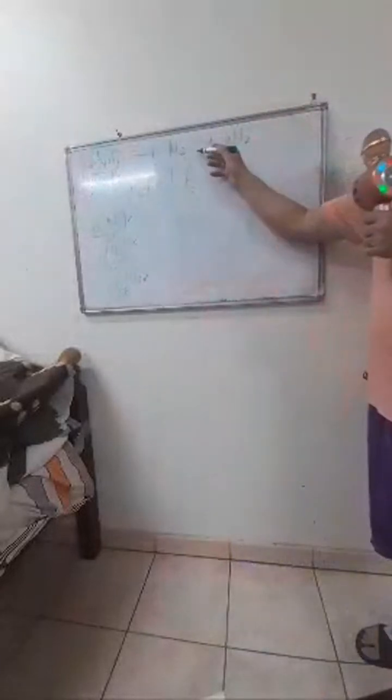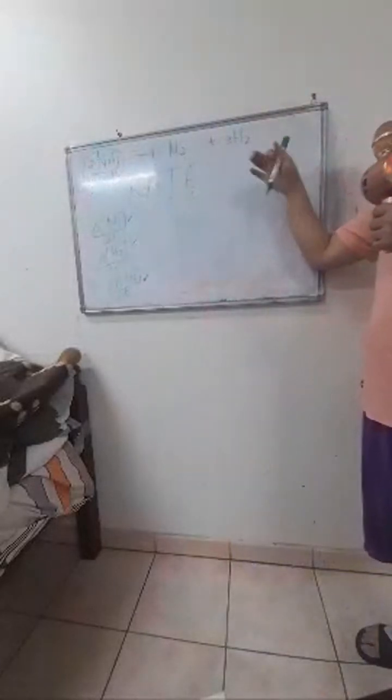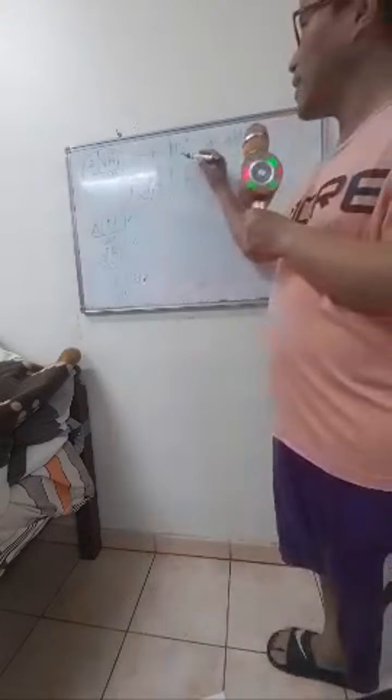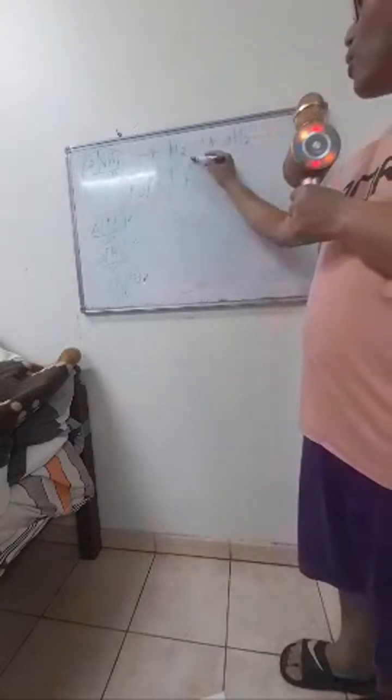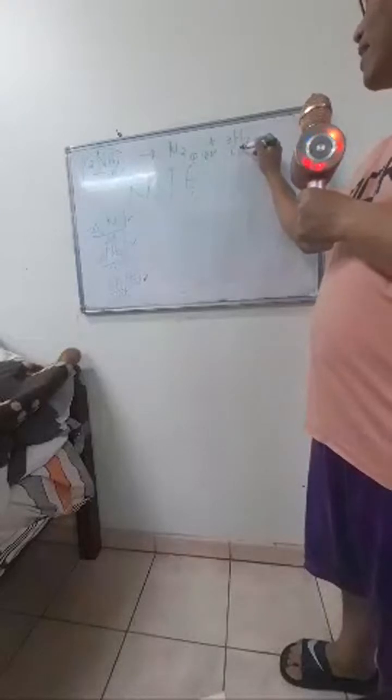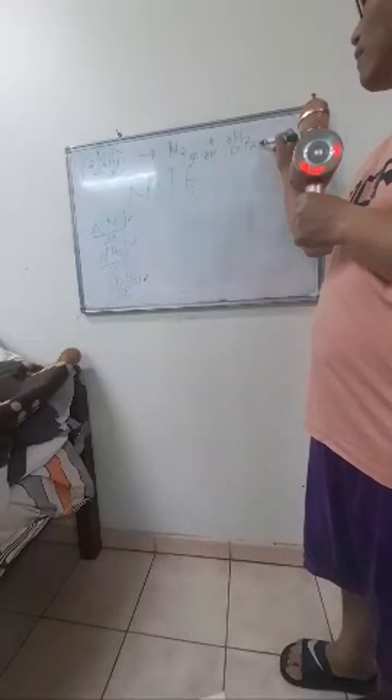It will be used up to be shared with your nitrogen gas and hydrogen gas. Nitrogen gas and hydrogen gas concentrations will normally increase. For example, if 0.1 molar, it will rise to something. Example only for the purpose of discussion.